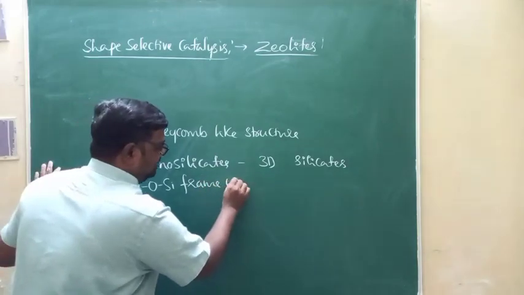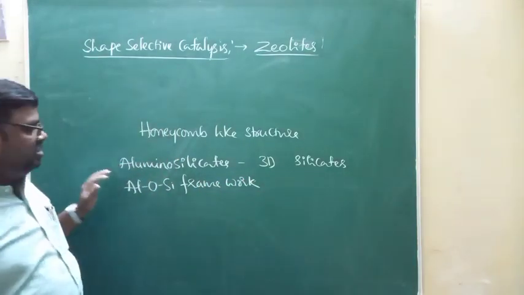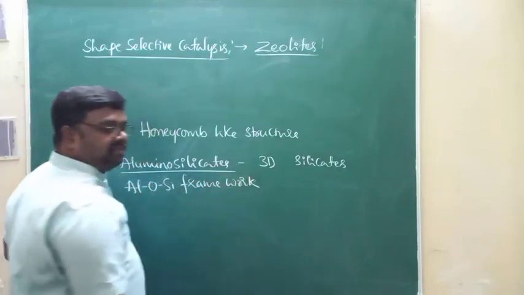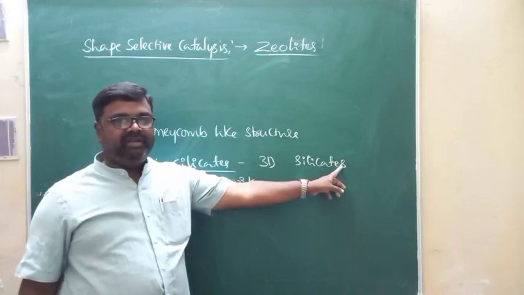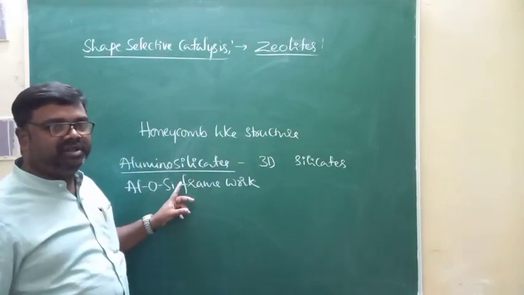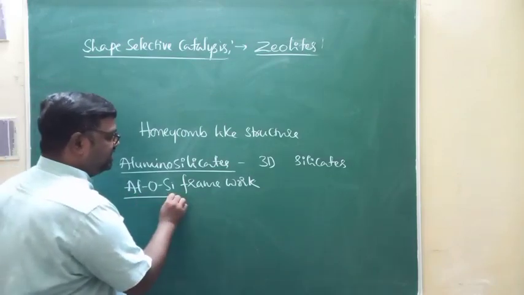This is what we call the chemical nature of zeolites. Zeolites are aluminosilicates with a three-dimensional network of silicates in which some of the silicon atoms are replaced by aluminum atoms to give an Al-O-Si framework.